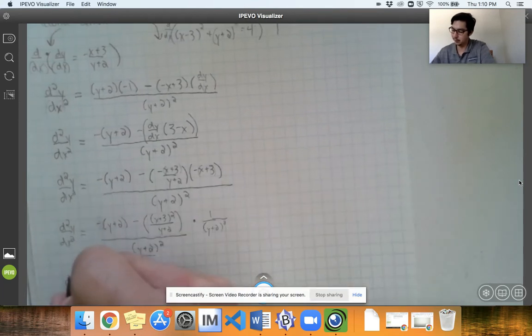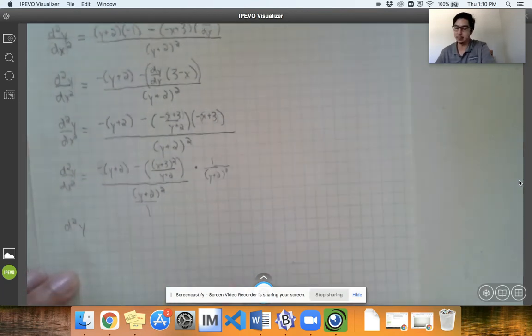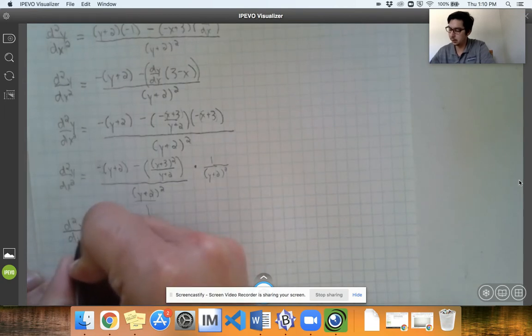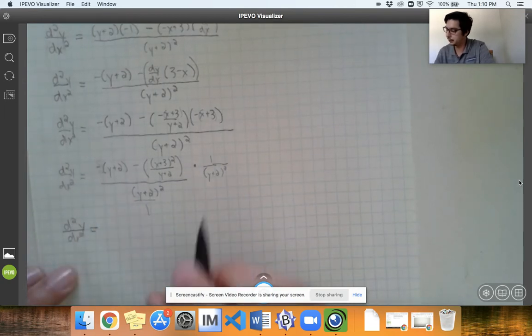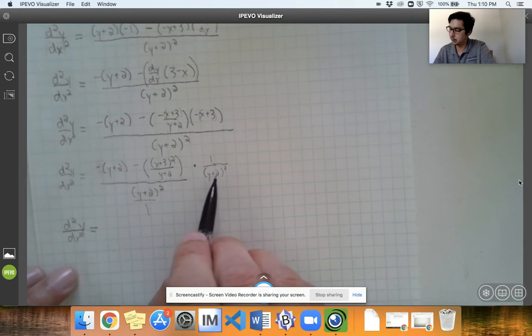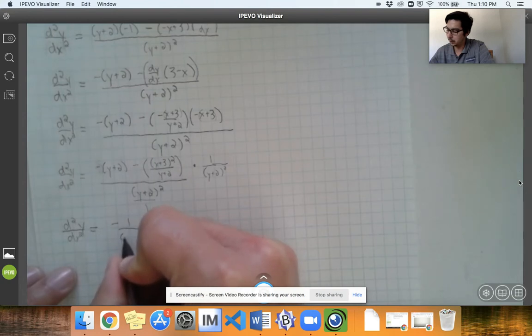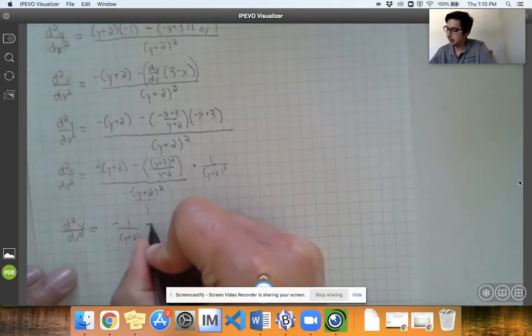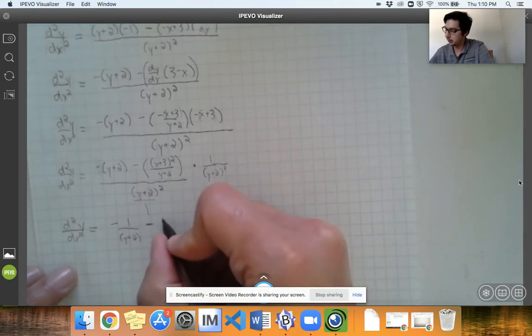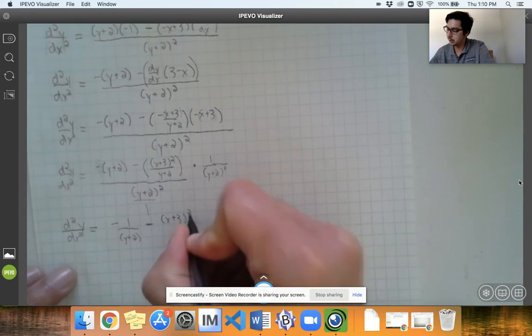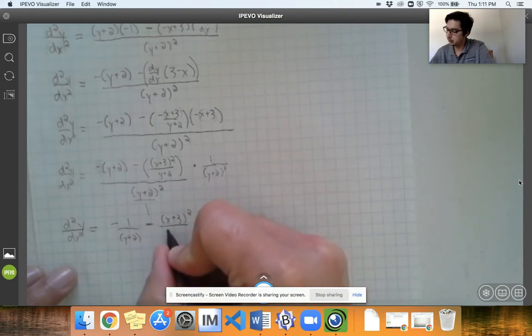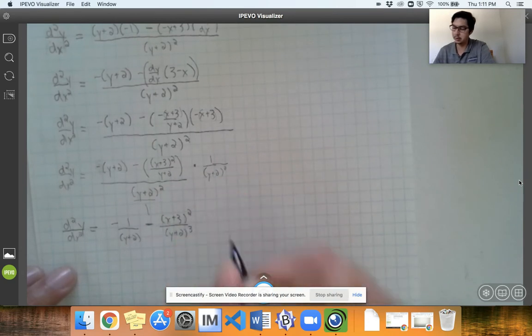So by simplifying this, d²y/dx² is going to be, if I do negative (y + 2) times 1 over (y + 2)², I'm going to end up getting negative 1 over (y + 2) minus, and when I do this, I'm going to have negative (x + 3)² over (y + 2)³.